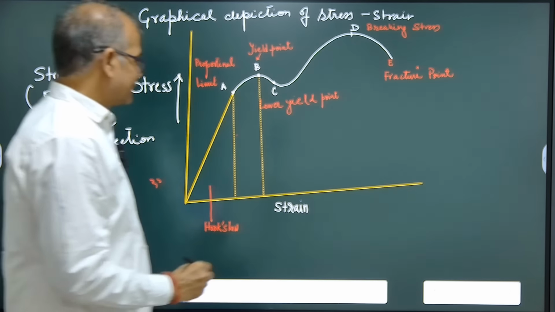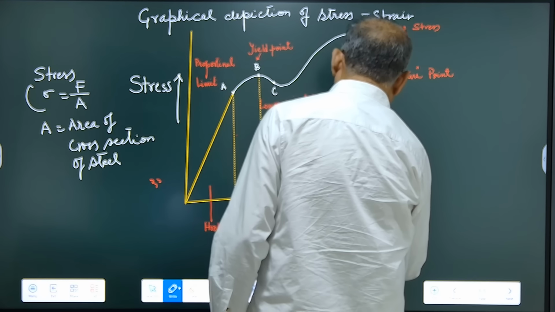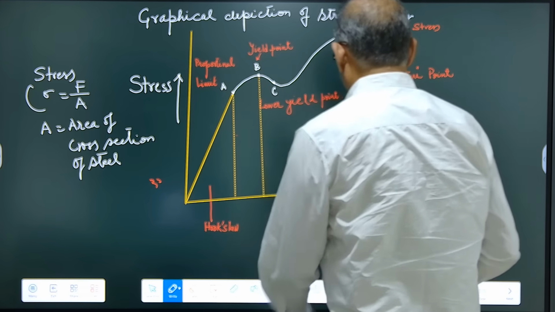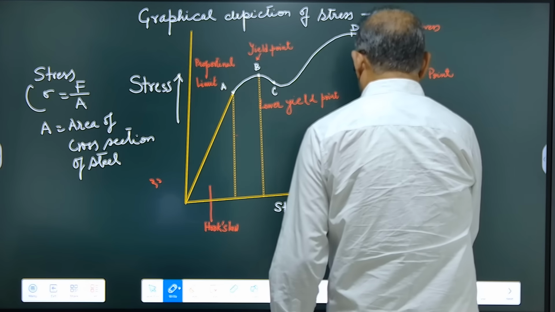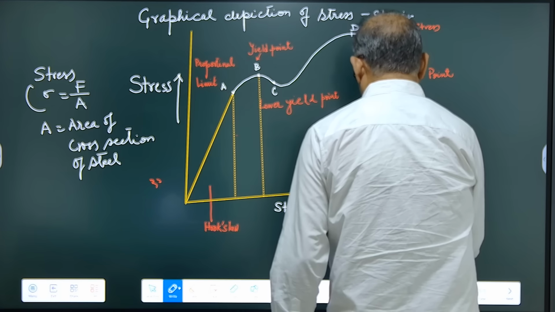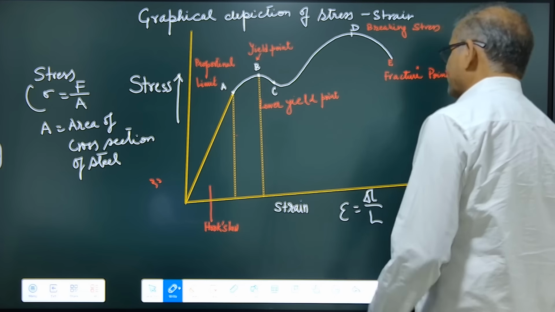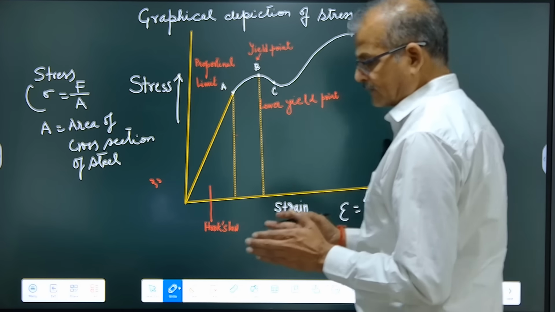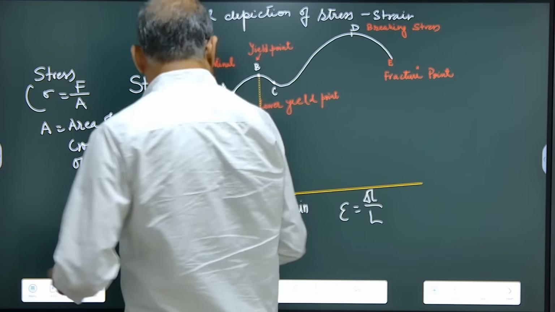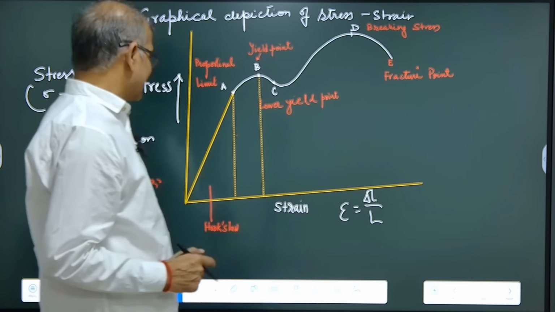And strain, whose symbol is epsilon, is delta L over original length, the difference in length upon the original length.